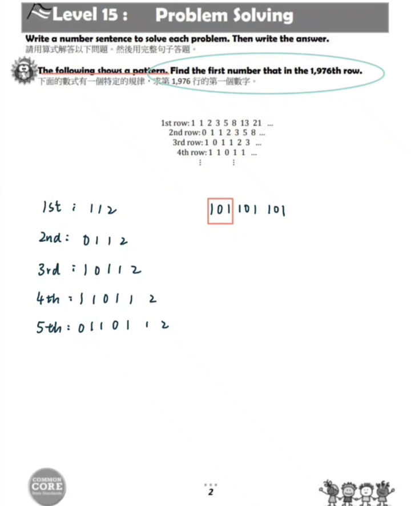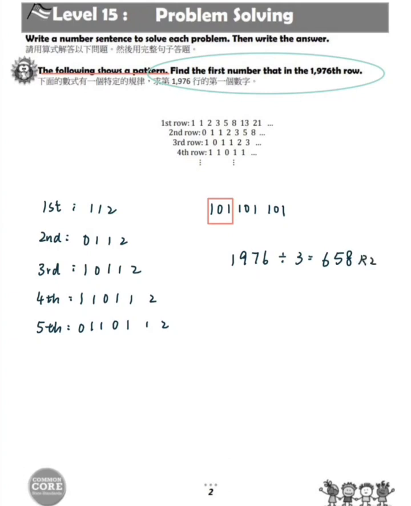So, because we are finding the first number in the 1976 row, we can use 1976 divided by 3 because the pattern has 3 numbers. After we work out the answer, we have 658 with a remainder of 2.